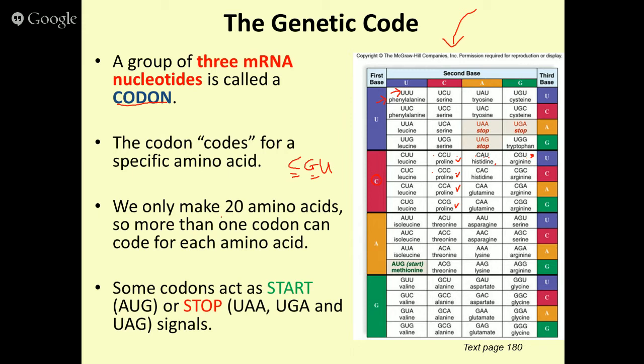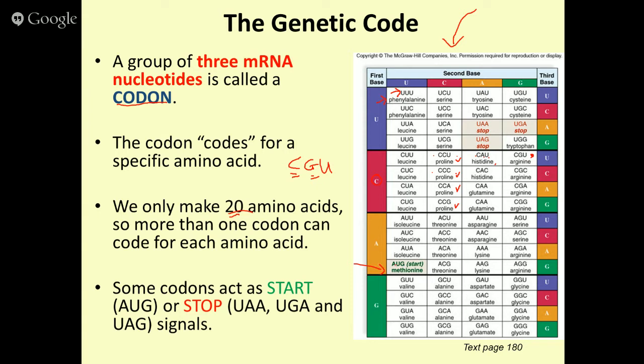Because we have the 20 amino acids that we learned about, or 21 amino acids, there are more codons than amino acids. So there are several combinations of nucleotides that could lead you to put in a specific amino acid, as we saw here with the proline. Now, there are some very special codons. There is the start codon, which is AUG.